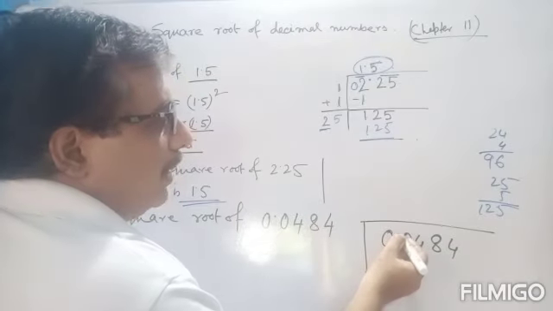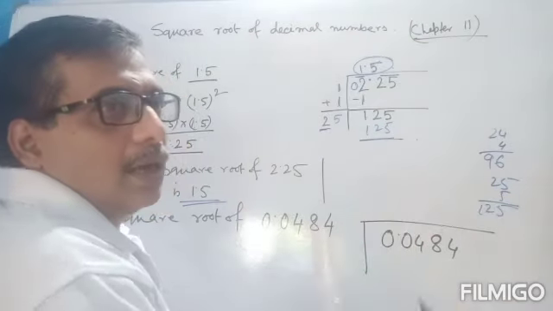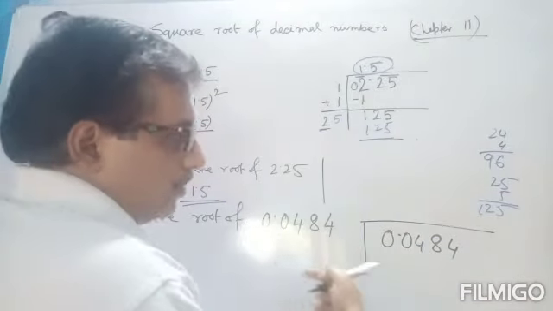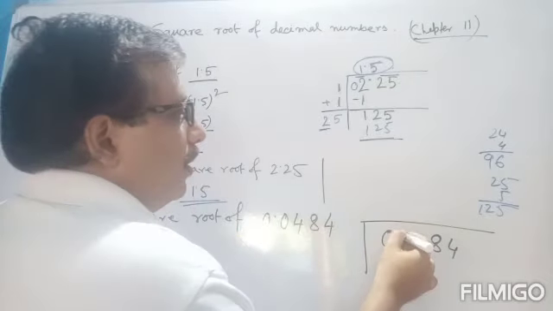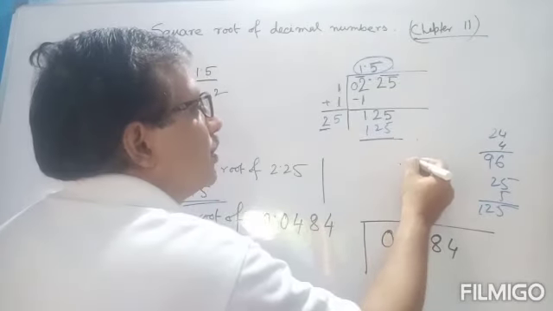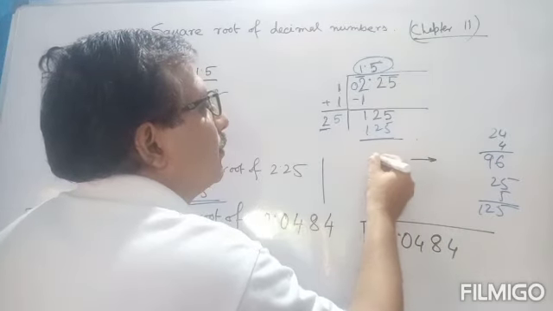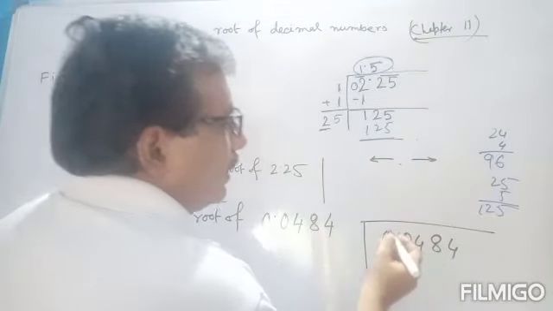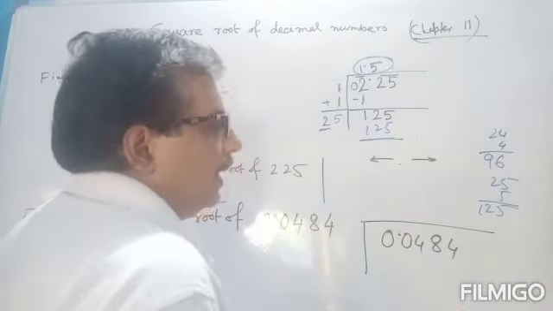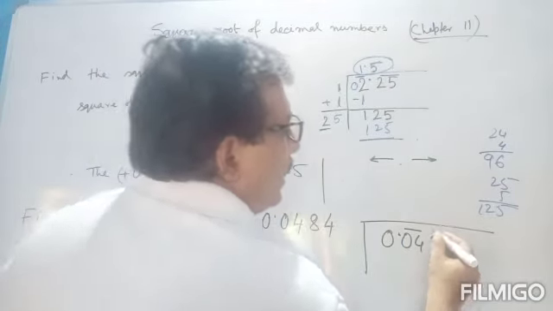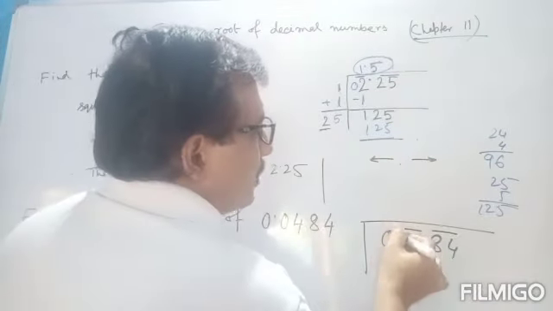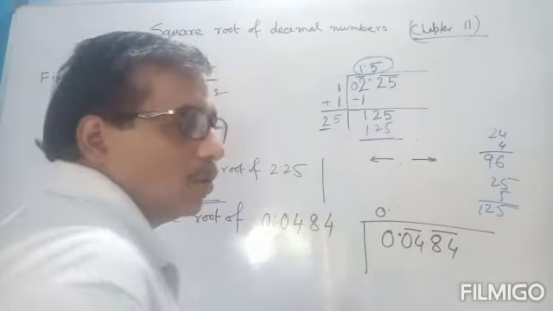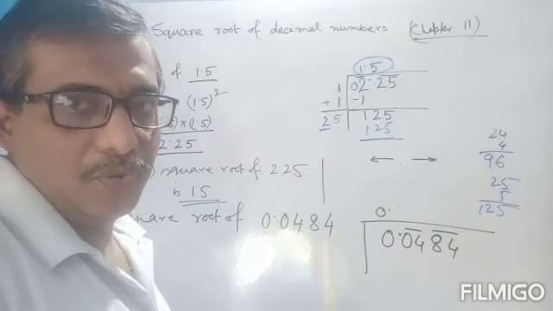Taking 2 at a time, from the position of the point we go right and left this way. So the point is here. This is 0 only, so no need to take a pair. So 04 and 84, another one. So first we write the point here. Then this number is 04 or 4.